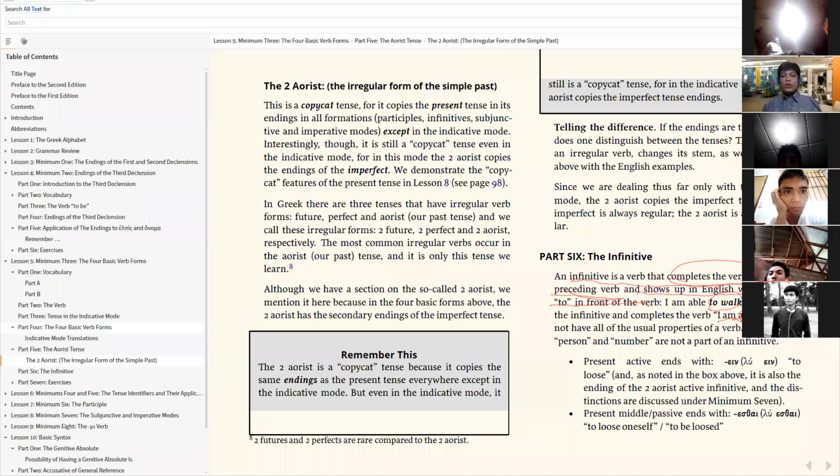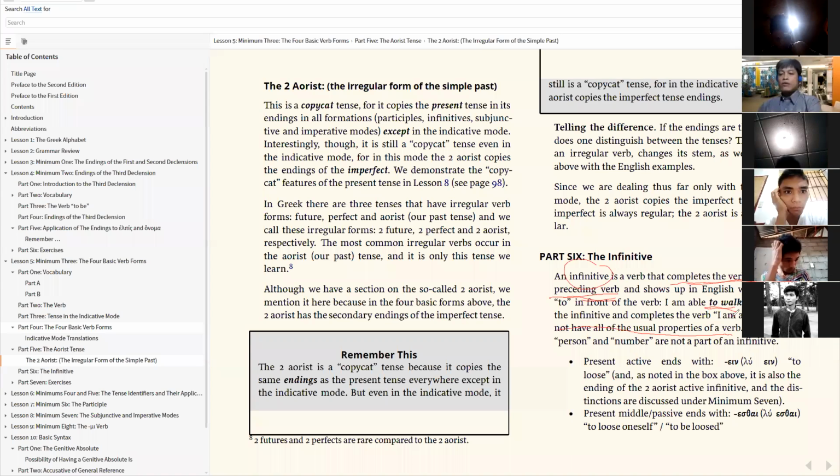So this is what you call an infinitive verb. We have that also in Greek. The verb to walk is what you call the infinitive. Again, let me repeat that. This is one of the hardest parts. An infinitive verb completes the verbal idea in the preceding verb. When you say preceding verb, it is the verb prior to the infinitive. It tells us here that the infinitive does not have all of the usual properties of the verb.